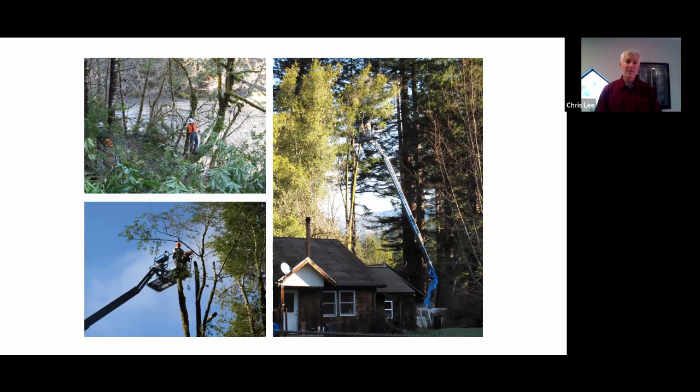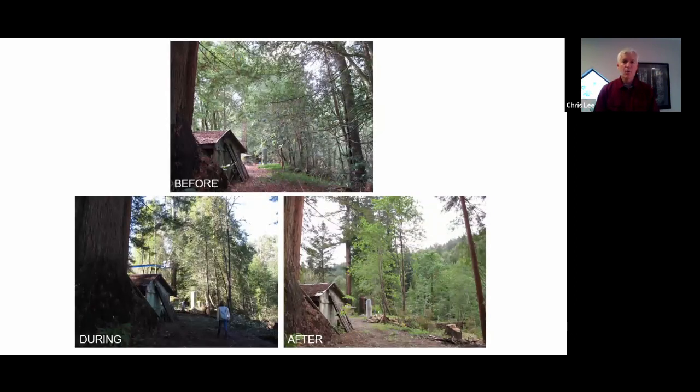And then here are some other pictures of work in that same area showing that depending on what your situation is, the work might be more or less difficult, involved, or costly. This was around a house, and so it was delicate work to remove the hosts. Here are some more before and after.